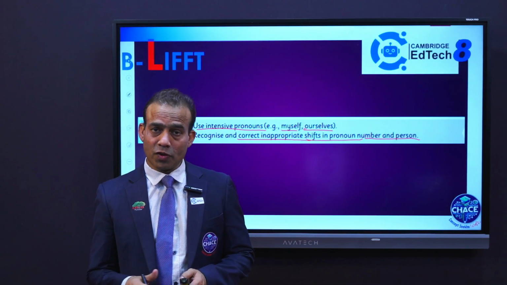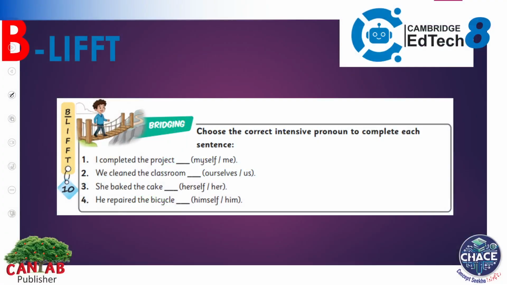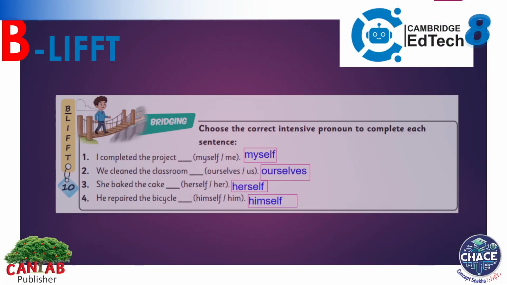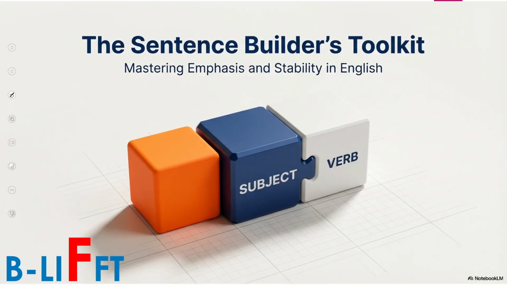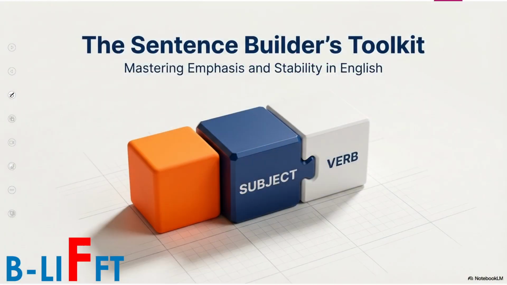But before moving to the focus, I hope you have done your bridging with the help of your teacher along with your fellows. So now we have reached the focus. Look at this. The sentence builder's toolkit. It means we are going to master emphasis and stability in English.